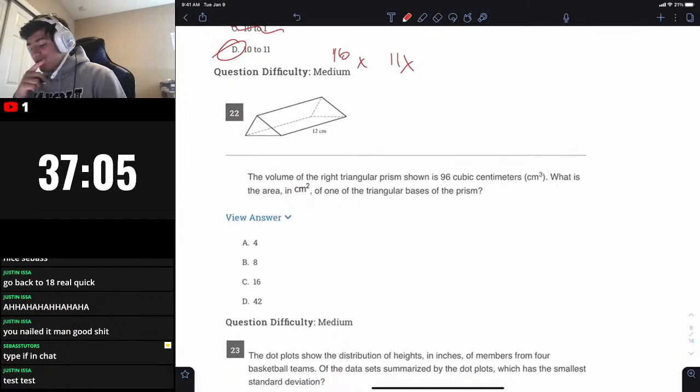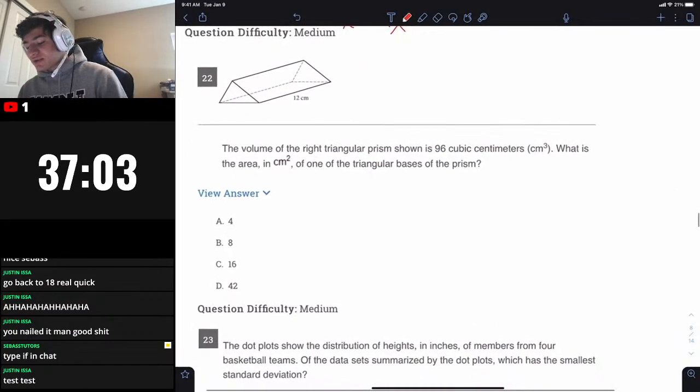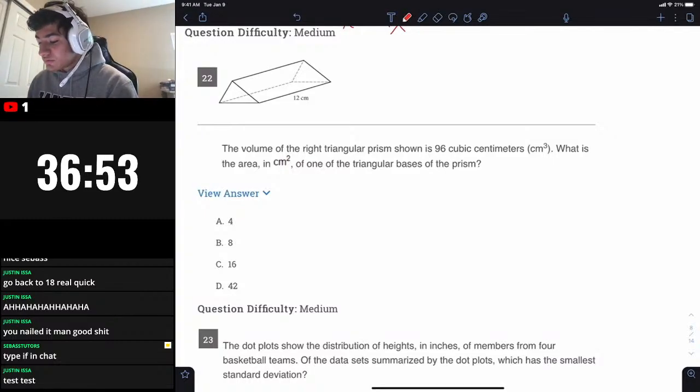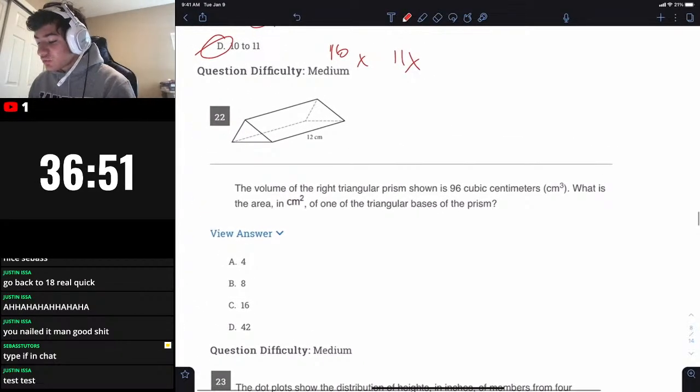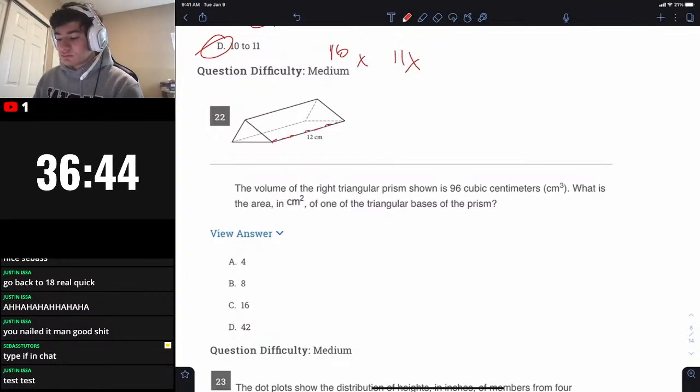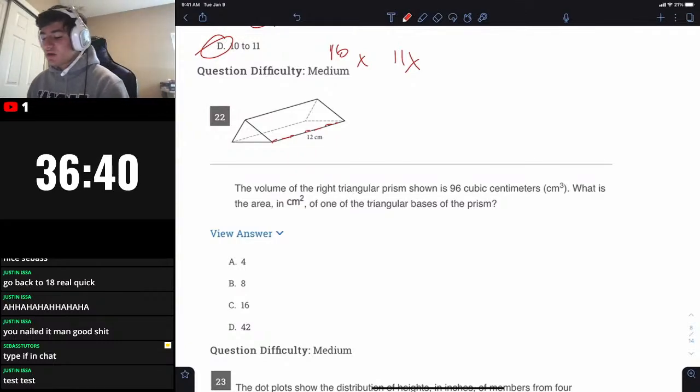Alright, the volume of the right triangular prism shown is that. What is the area of one of the triangular bases? Okay, so we have the volume of a right triangular prism is 96. That's so weird that they tell us that, but okay. So that's 12 centimeters. Oh, this is not hard.